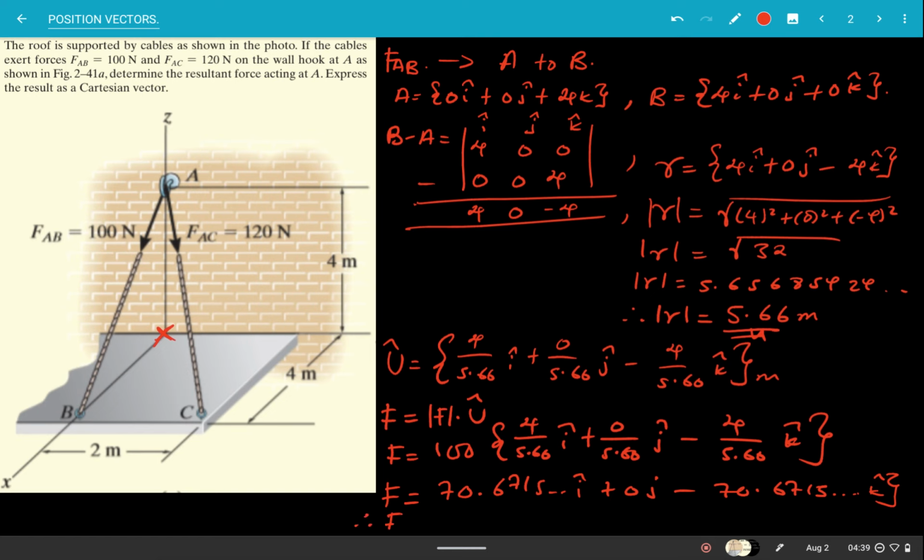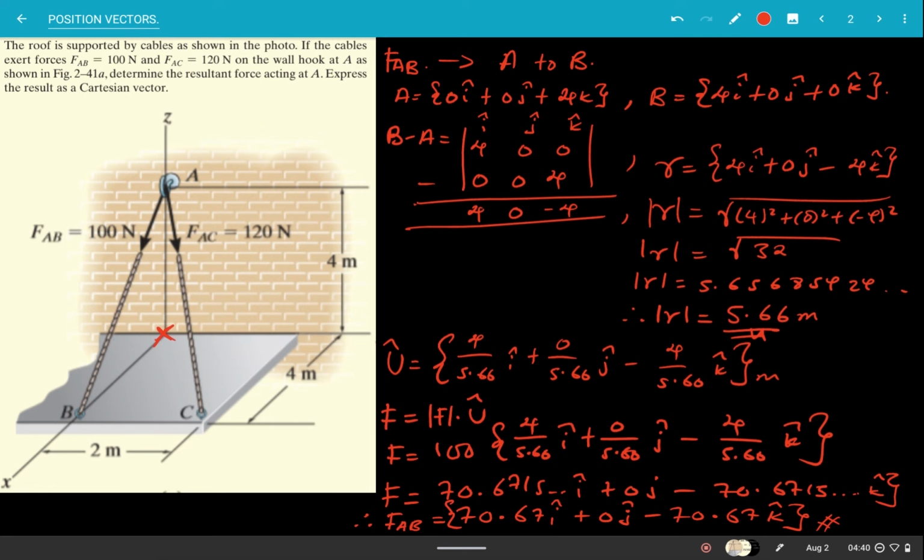Therefore, force, remember, we're converting force AB. So we can say force AB to two decimal places will be 70.67 in the I, plus 0 in the J, minus 70.67 in the K. So this is our force converted into a Cartesian vector format.